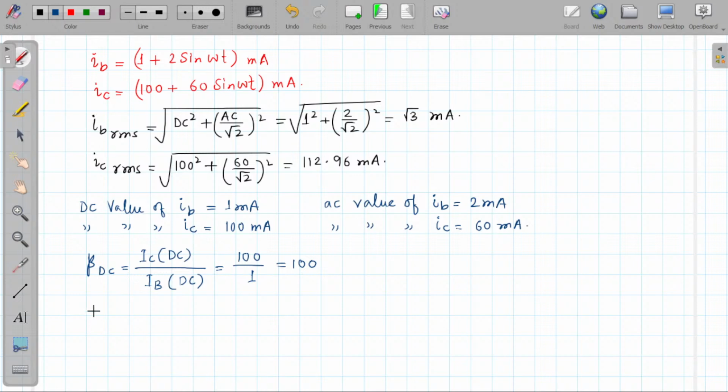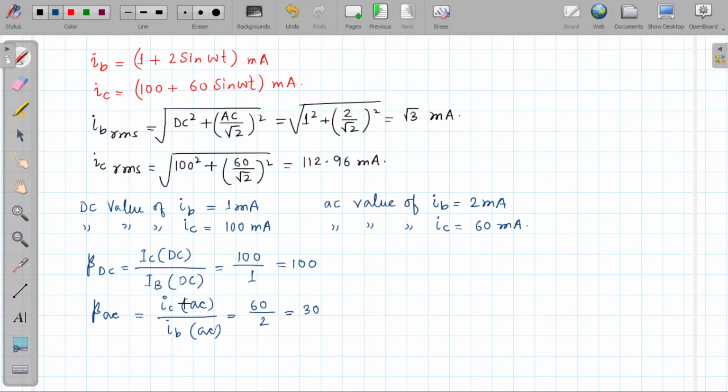But if we want to find the beta AC value, we take the AC value of IC, that's why I am writing small letters, divided by the AC value of IB. So it will be 60 divided by 2, that is 30. So this is how we can find the values of beta AC and beta DC.